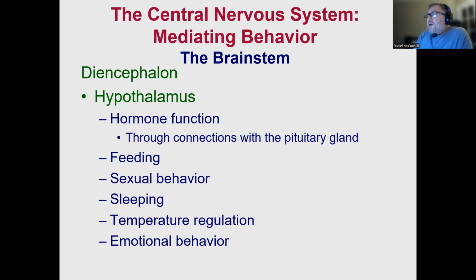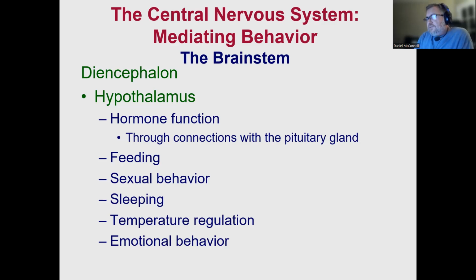It's connected to the pituitary gland, which you may know as the master gland of the endocrine system, but because it's connected to the hypothalamus, the pituitary is really also part of the brain. It's fair to say that the brain is in fact really a part of the endocrine system. It's a gland of the endocrine system. The neurotransmitters used in the brain are essentially the same thing as hormones. So it's all roughly the same system.